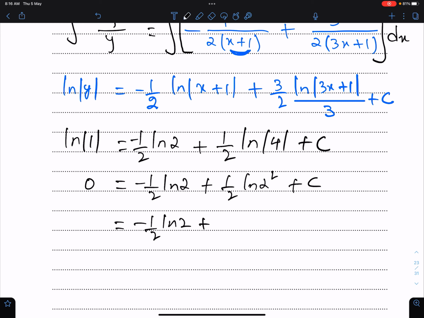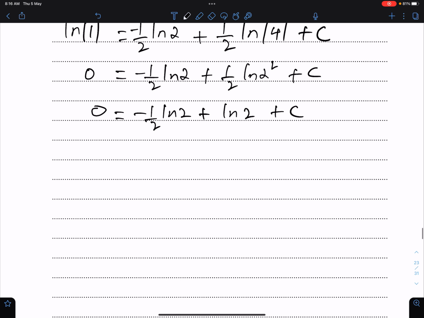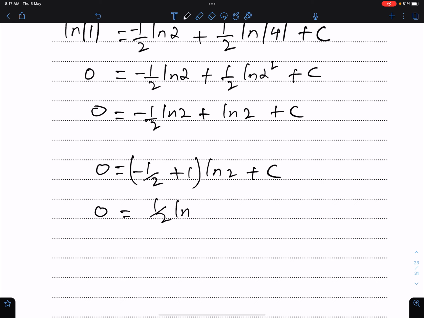So 2 upon 2 is 1, so ln2. Now we can take ln2 common from these two. So we have half ln2. Therefore c is minus half ln2.